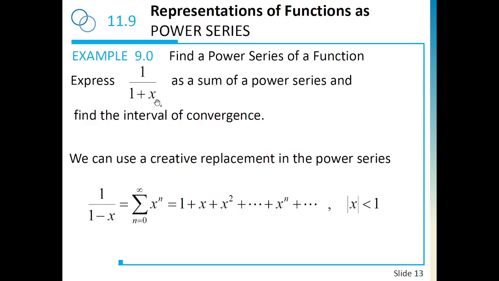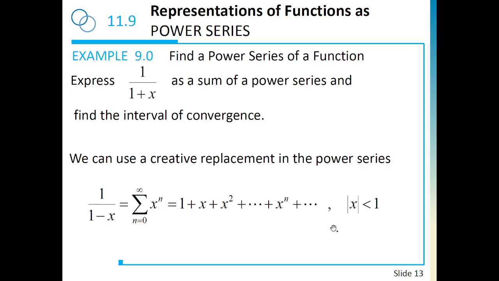So let's say we want to find a power series for this expression here. Well, this looks like our fetish series, but instead of 1 minus x, we here have 1 plus x. So we know that our fetish series, this is the geometric series, and its sum is 1 over 1 minus x for x between negative 1 and 1.